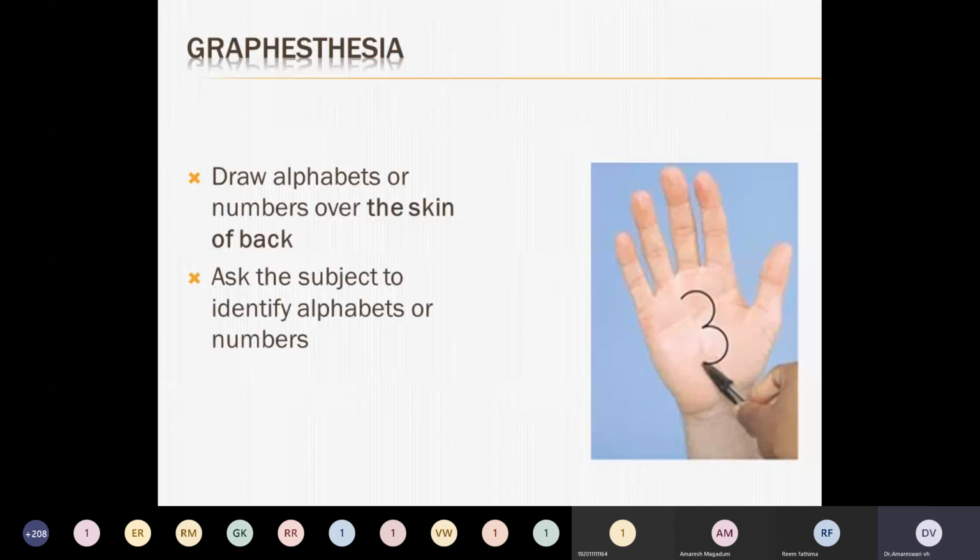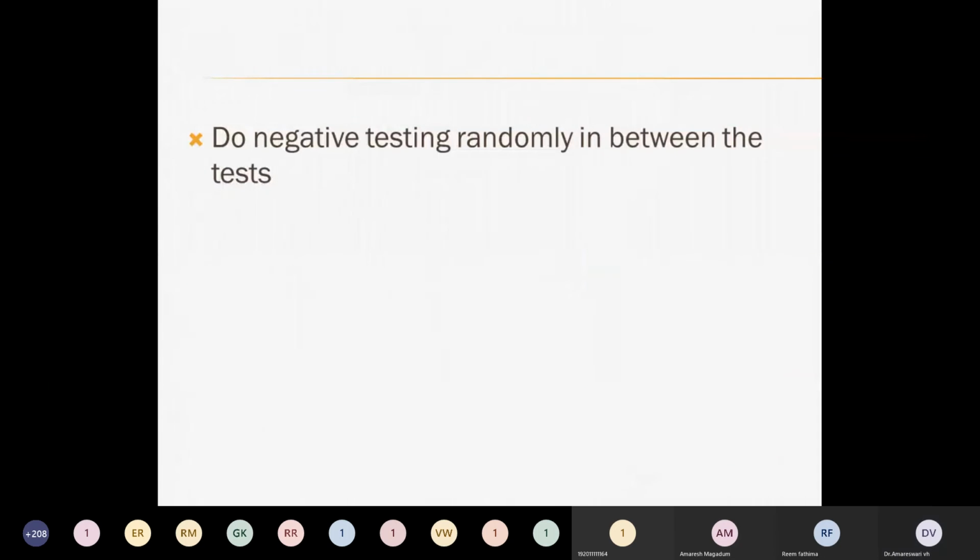Ask the subject to identify what alphabet or number you have written and report the finding. In between, make sure that the person is not simply answering. If you are not giving the test, the person should tell you, no, you have not given any stimulus. You are not touching me.